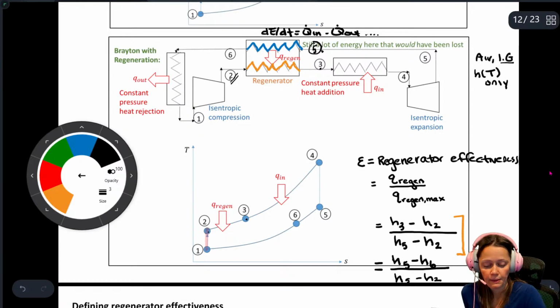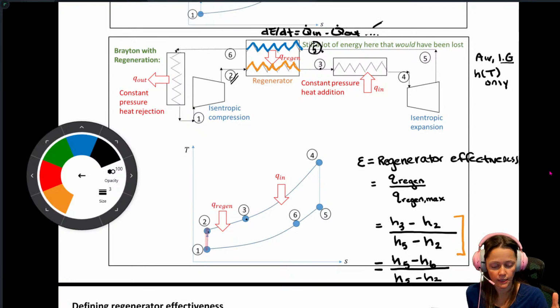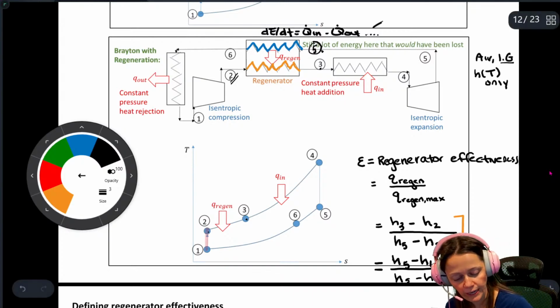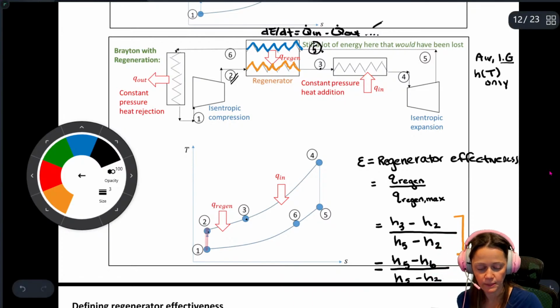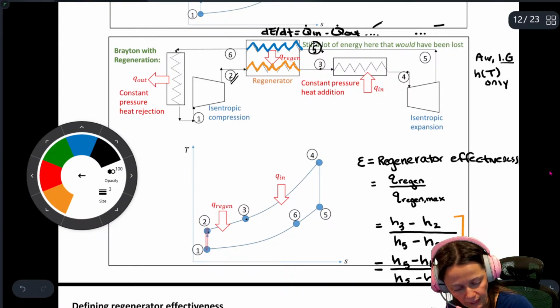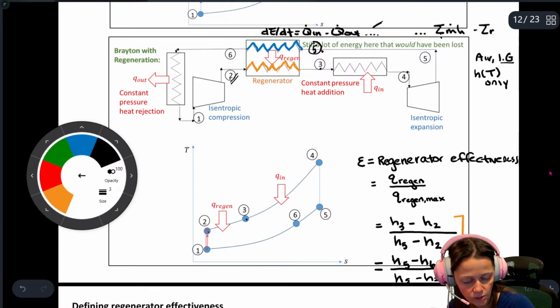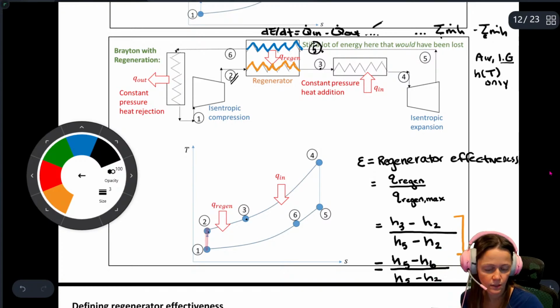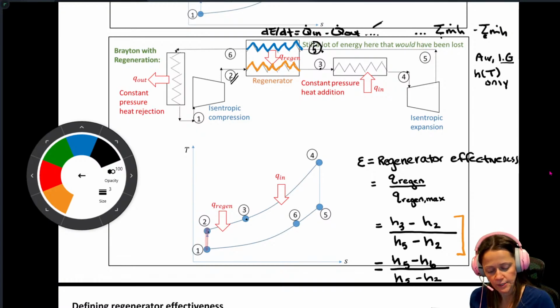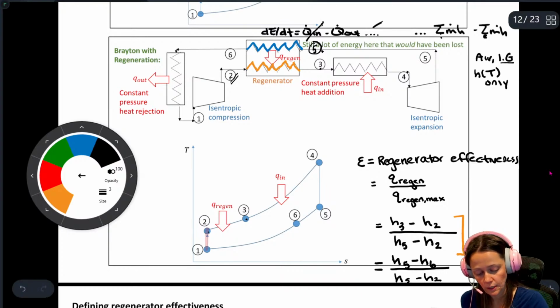So you're getting that by applying your first law to each of those little squigglies to get the delta H. It depends on whether it's an inlet or outlet, because you'll have Q dot in minus Q dot out minus W dot in minus W dot out, and then the sum of the M dot H's coming in minus the sum of the M dot H's going out. When you've got the blue line, that Q regen is a Q out.